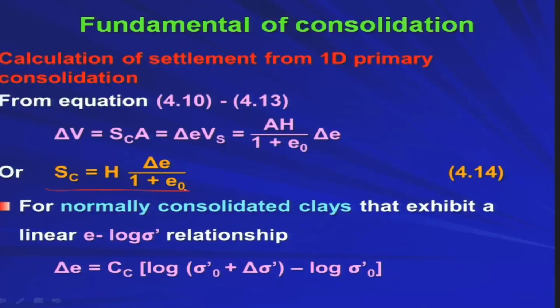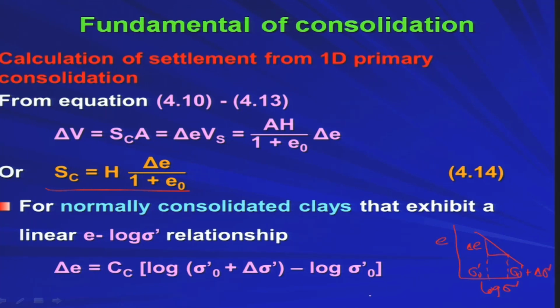Well, in the case of normally consolidated soil, what is delta e? Delta e is equal to C C into log of sigma naught prime plus delta sigma prime, minus log sigma naught prime. If you recall your e log sigma prime curve, this was the portion for normally consolidated soil. Here this is sigma naught prime and this is sigma naught prime plus delta sigma prime.